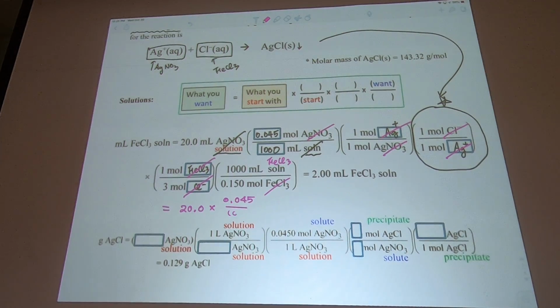0.054, 1,000, 1 over 1, 1 over 1, 1 over 3, 0.150,000. So then you will see you have an mL of something, in this case FeCl3 solution.